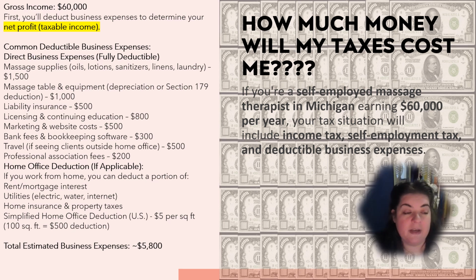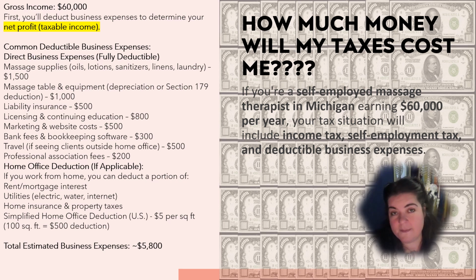There's also the simplified home office deduction that you can file, and this is worth $5 per square foot. I believe this is up to 300 square feet or $1,500 maximum, if I'm not wrong with that. But let's just say that you have a 100 square foot area that you use, a 10 by 10 room. That's a $500 deduction that you can pull off of that income. So taking all of this, let's just say that your total estimated business expenses for this year were $5,800.